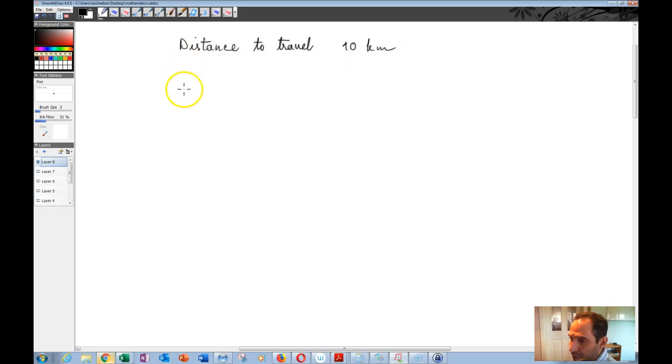Then depending on the different speeds that you might have, it's going to take you different amounts of time to travel the same distance.